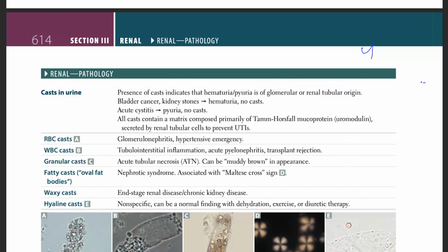Acute cystitis is going to give us pyuria but no cast. All casts contain a matrix composed primarily of Tamm-Horsfall mucoprotein, which is uromodulin, secreted by renal tubular cells to prevent UTIs.